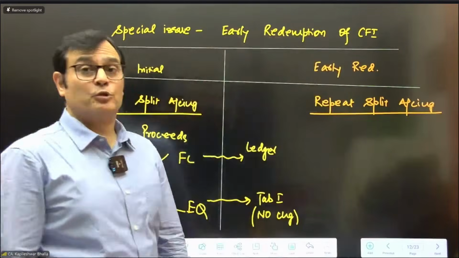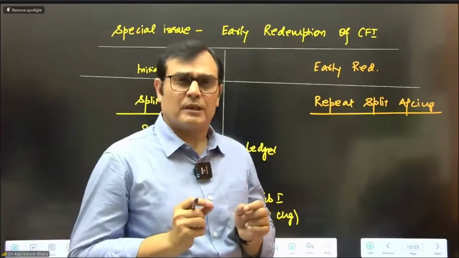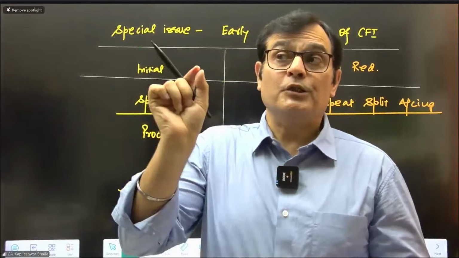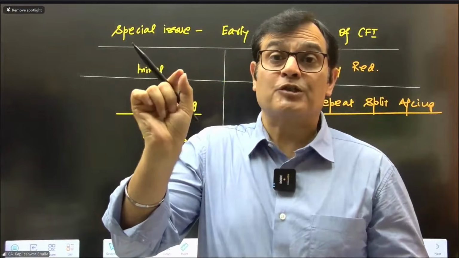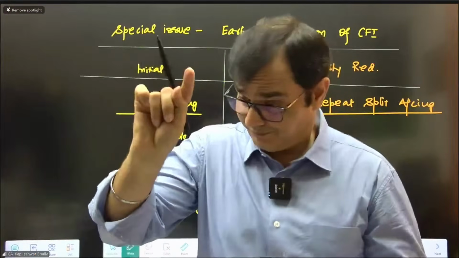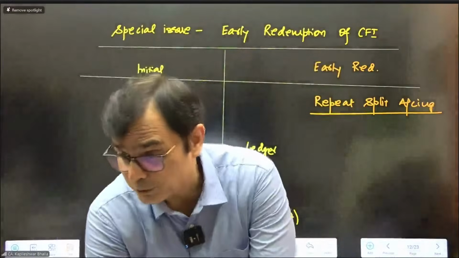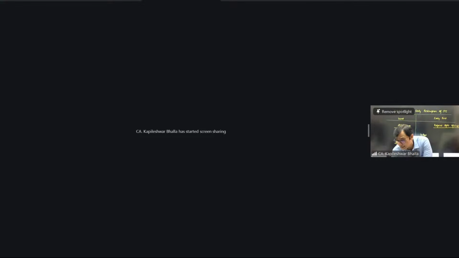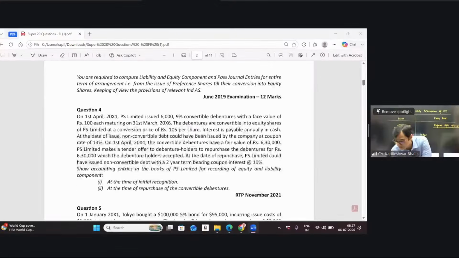But when you do a split accounting, what is the discount rate you consider for the financial liability? Can I say you need to consider the interest rate which is prevailing for the remaining maturity? If I just like to show you the connects in terms of the question, let's have a look at question number 4. That's an RTP, a question which came in the RTP in November 2021.